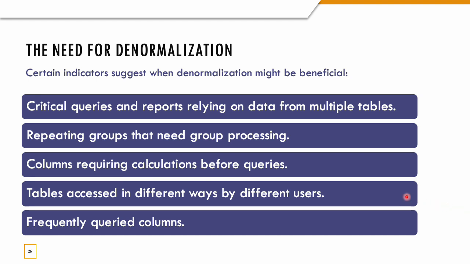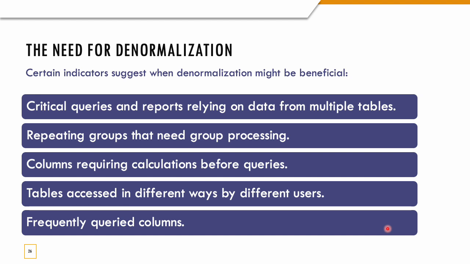And then table access in different ways by different users. When different user groups access the same table in varied ways, denormalizing to create different data layouts can improve the query efficiencies for each user group's access pattern.